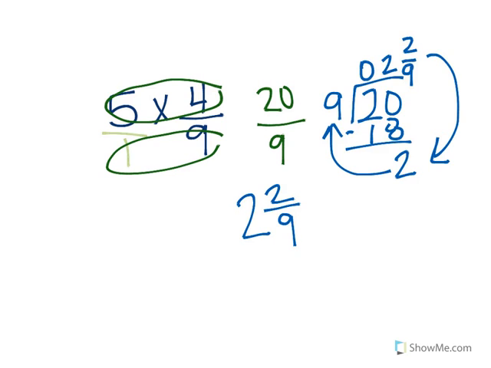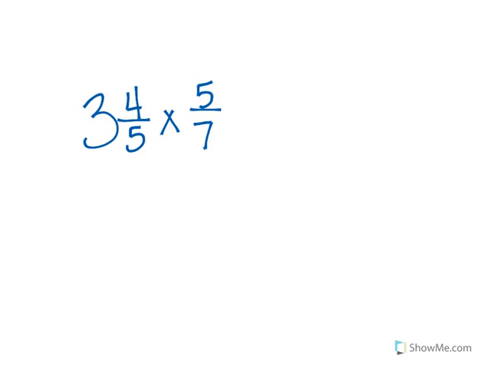Now we're going to talk about some mixed numbers, mixed fractions, mixed numbers. Okay, let's say that I've got 3 and 4/5 times 5/7. I can't multiply it unless I have fractions, and I've got a mixed number, so I have to make this mixed number mad.